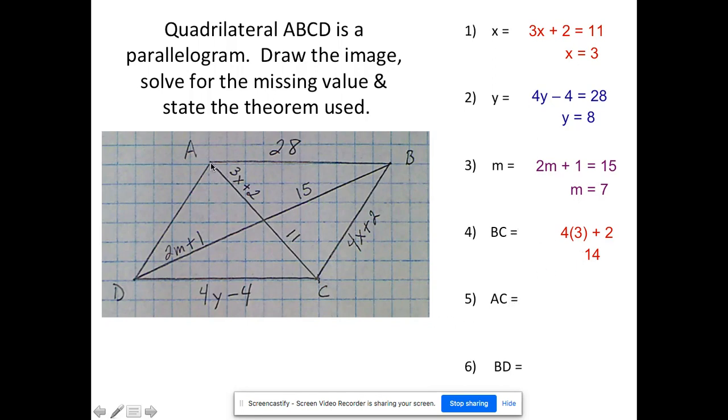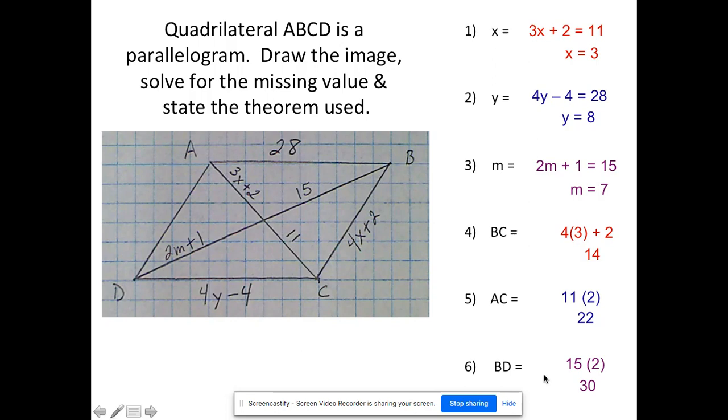For AC, we have the whole thing here. Well, we know that half of it is 11, so we could just double it and make it 22. And then BD, again a diagonal. Diagonals bisect each other. We have 15 here, so 15 times 2 would be 30.